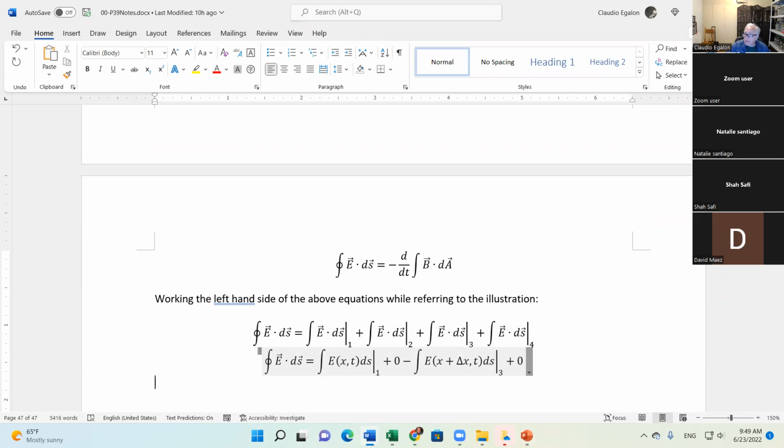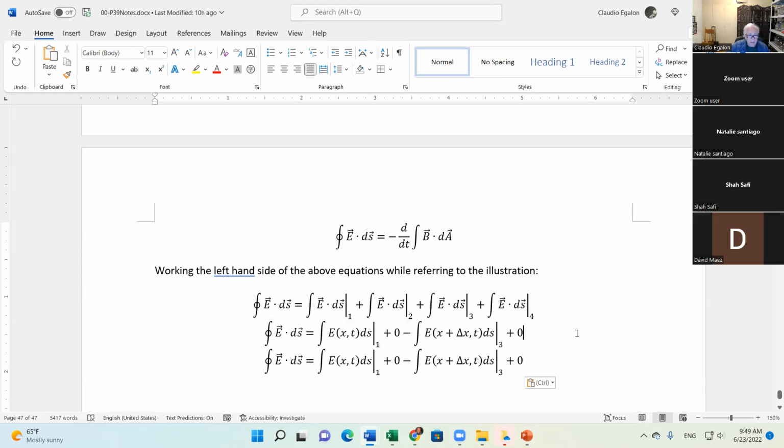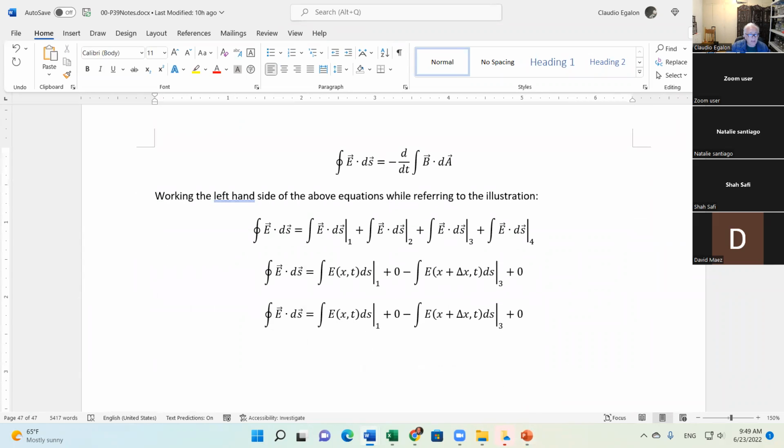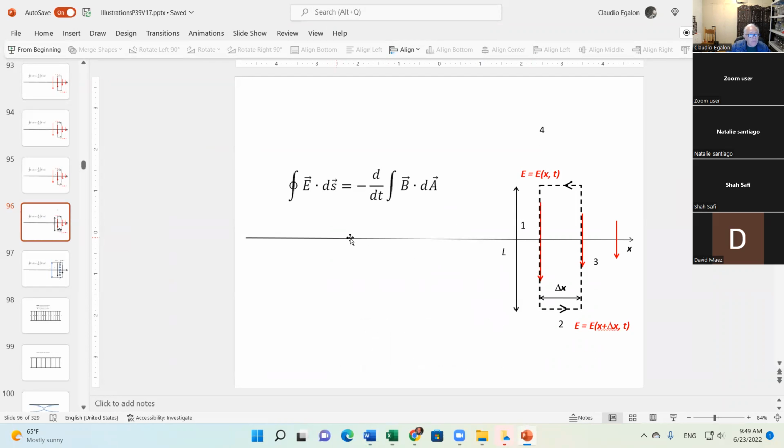What else can we do? There's one more thing we can do here. The electric field depends on the distance x alone, right? The electric field changes along the direction, but at this specific position, the electric field doesn't change at all.